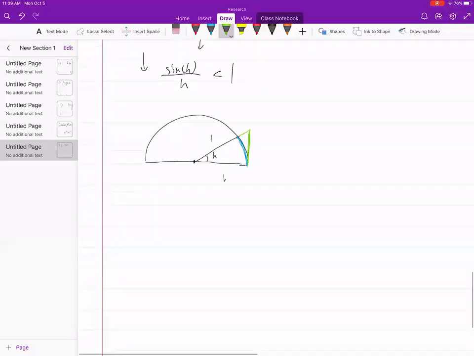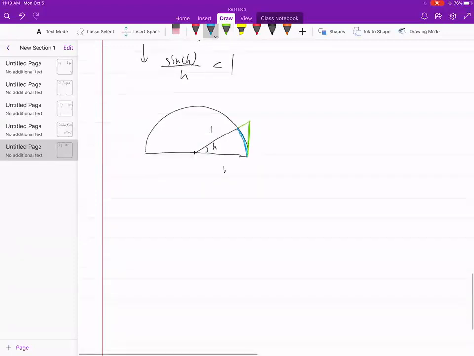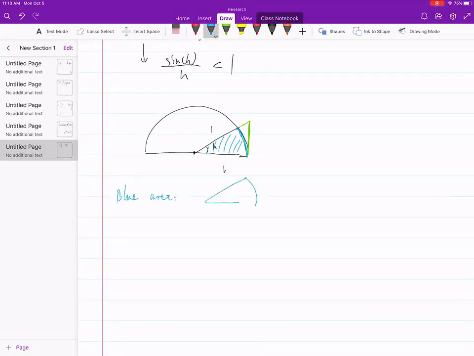Okay, blue and green. Now what we want to do is compare the area of this and the area of the triangle. So let me see the blue area. And the green area.